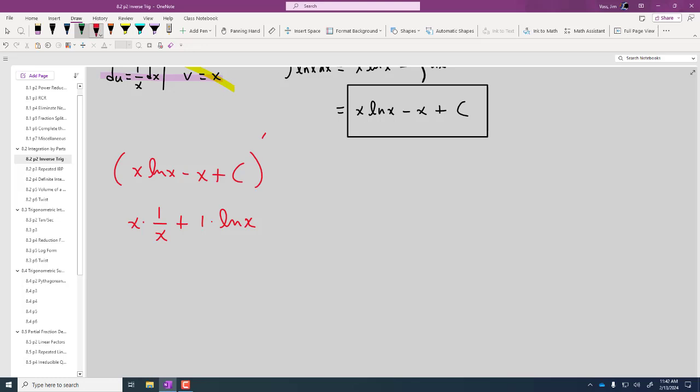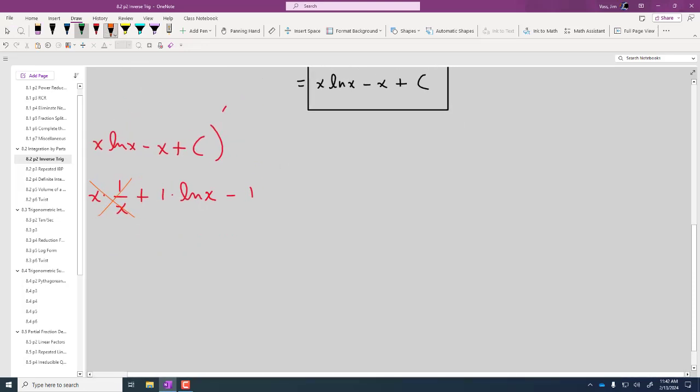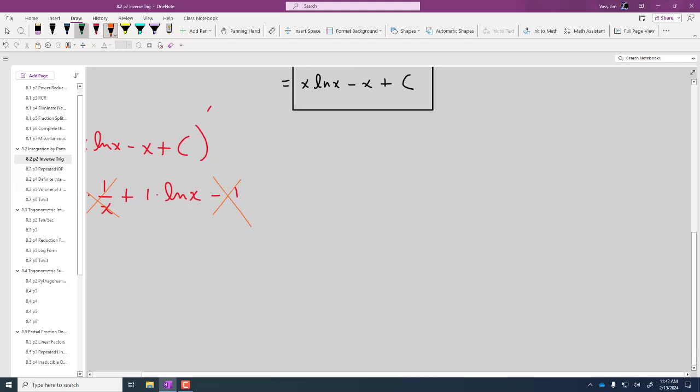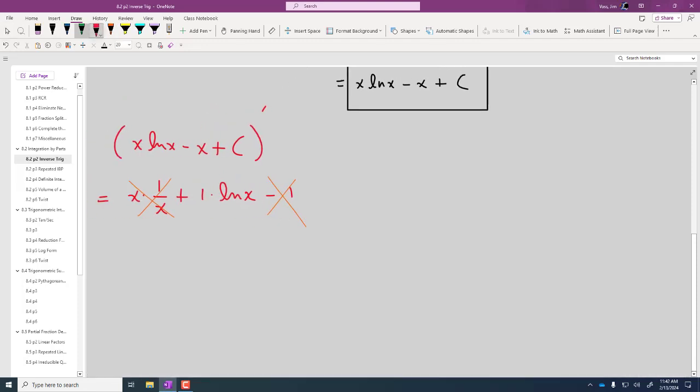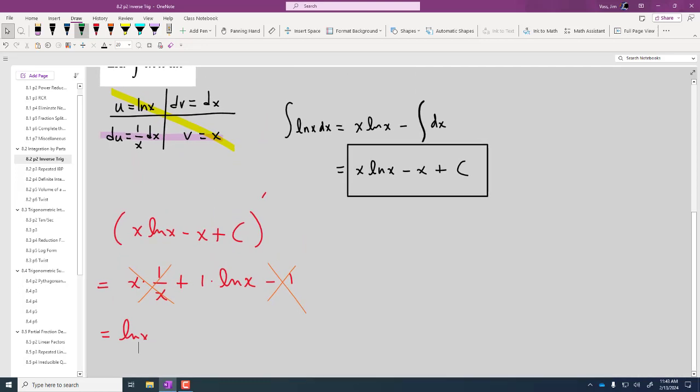So that equals ln x. And what's the derivative of negative x? Negative 1. Derivative of c? 0. And then what is x times 1 over x? 1. So this and this cancel. So we are left with ln x. That proves to us that this is in fact the general antiderivative for natural log of x: x ln x minus x. Okay.